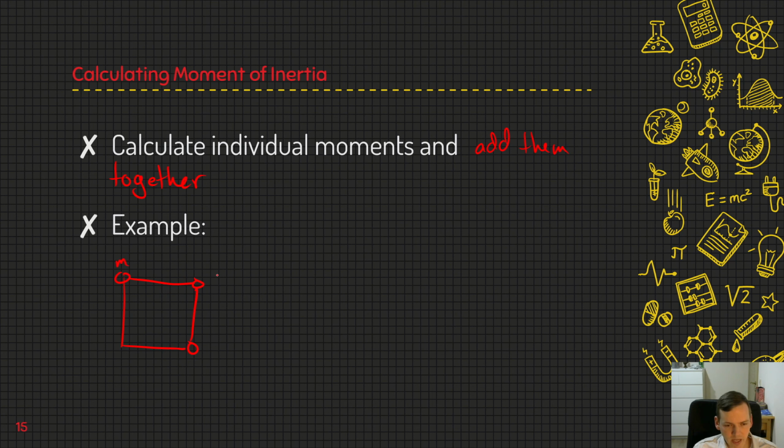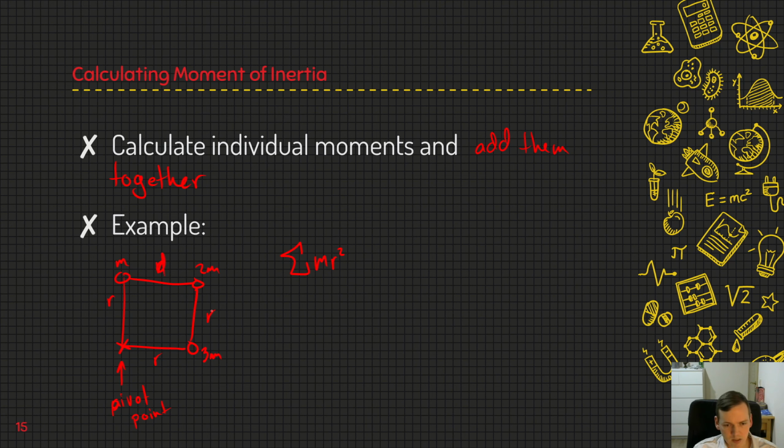This one has a mass of m, this one has a mass of 2m, this one has a mass of 3m, and these are all wires with length of r, and I'm rotating it around this point. So the moment of inertia is going to be the sum of all the individual m times r squareds.